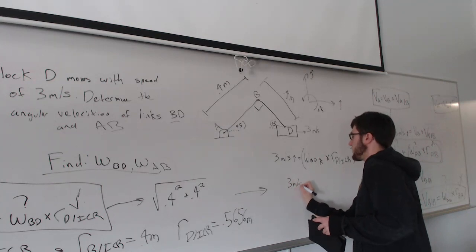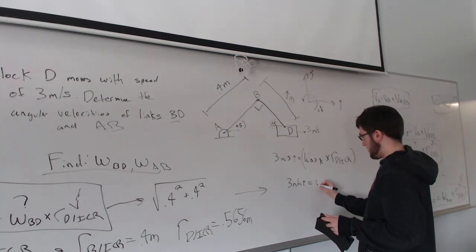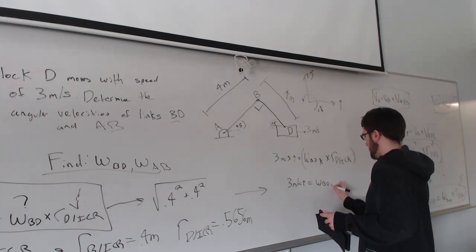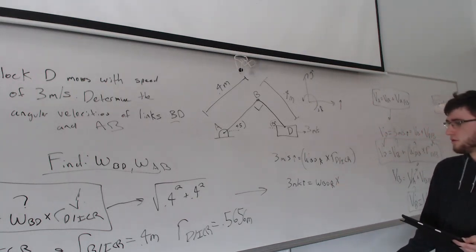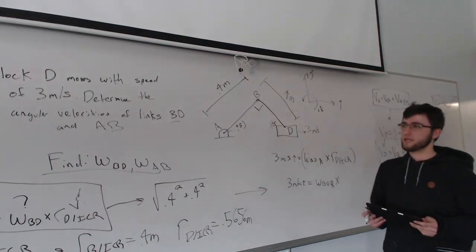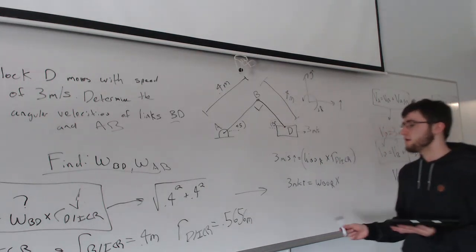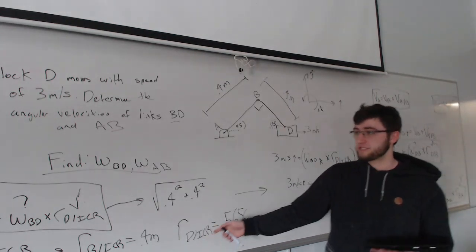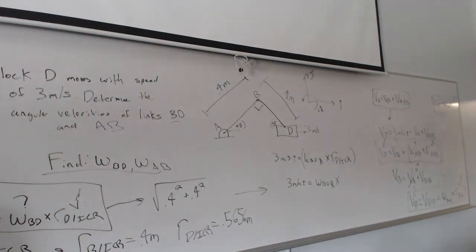So 3 meters per second in the I direction equals the angular velocity crossed with this. So at the beginning when I mentioned this was a distance, it's not really a distance, it's a position vector, meaning this term right here has direction. So I'm saying D with respect to the instantaneous center of rotation. So although the magnitude of it is 0.5656 meters, it has a direction to it.